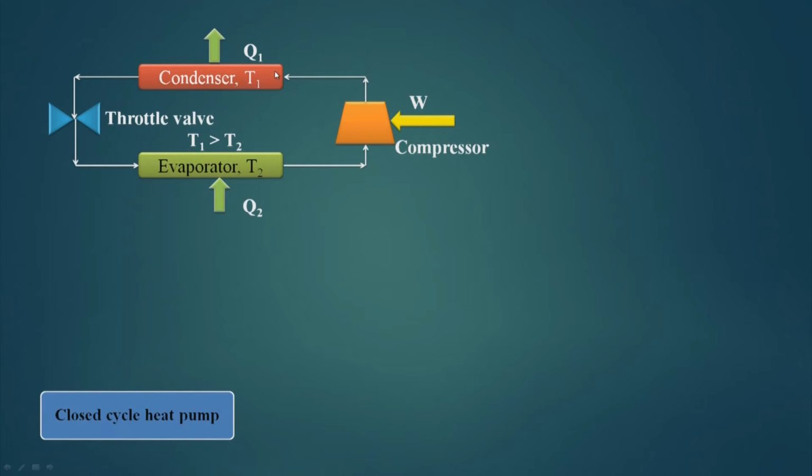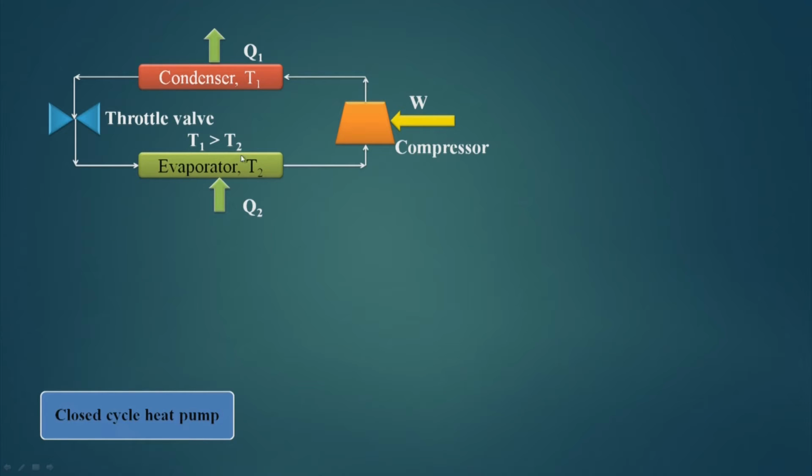Then the vapor which is at a higher pressure condenses, becomes a liquid, then it is throttled through a valve where it undergoes pressure change, and then here we get a mixture of vapor and liquid at a lower temperature that goes to the evaporator, and the liquid part of the refrigerant evaporates by taking the heat, and again the cycle moves on. So, this is a closed cycle heat pump.